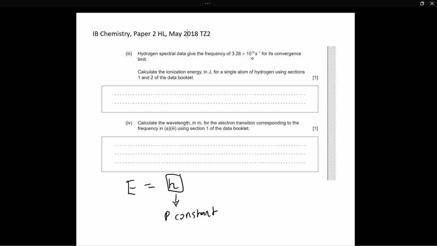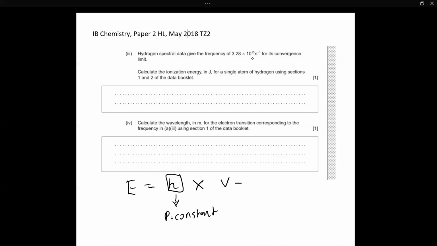Planck's constant can be found in section 2 of the data booklet. It's a constant like the gas constant or any other constant that you may know. And this energy, which is basically ionization energy, is equal to Planck's constant times v.